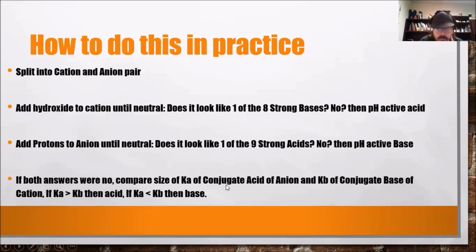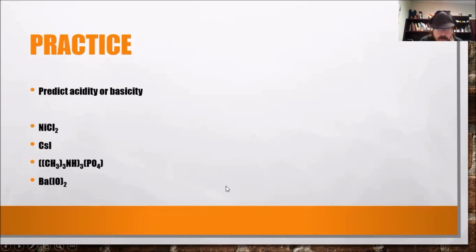Okay. So let's look at this. Predict whether these salts would be acidic or basic in solution. So we have nickel chloride. I break this down, I'm going to have nickel 2 plus and 2 Cl1 minus. If I put hydroxide onto nickel, does Ni(OH)2 look like anything we've seen as a strong base?